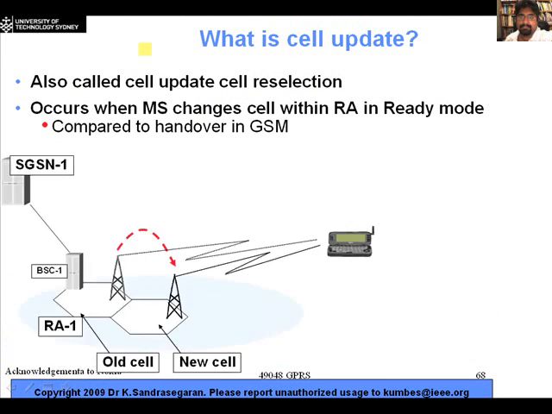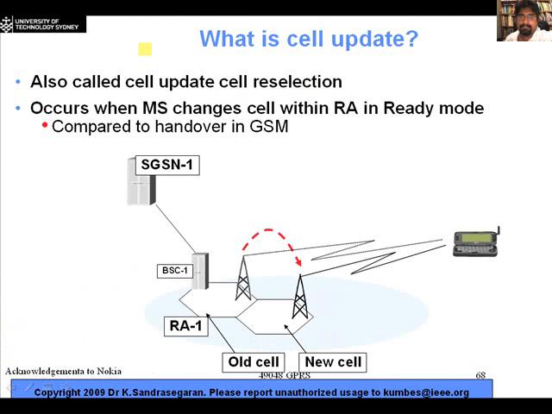Cell update is when you're moving from one cell to another cell in the same routing area. So you're inside the same routing area and you're moving from one cell to another cell. What the GPRS mobile does is send something called a cell update or cell reselection message, and this is only done when you're in the ready mode.